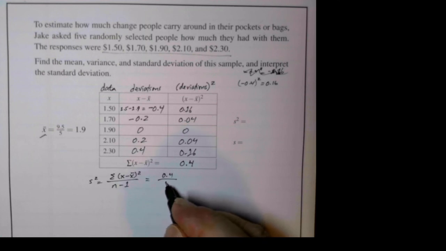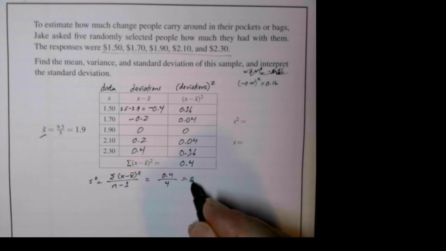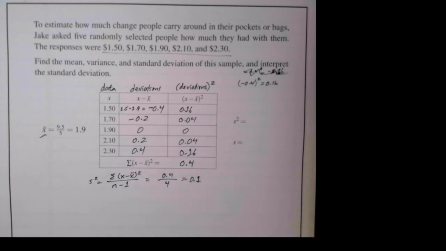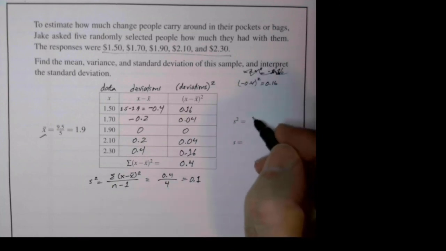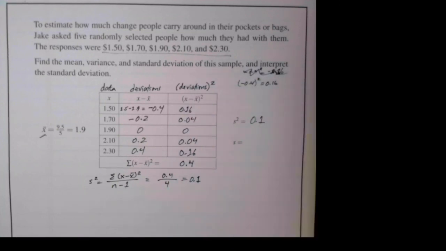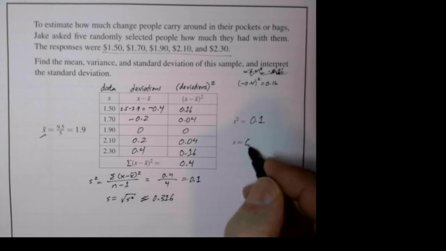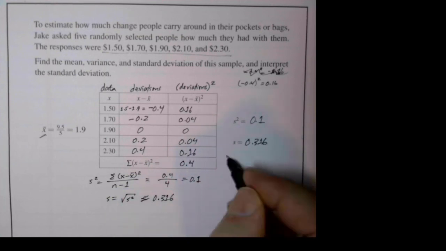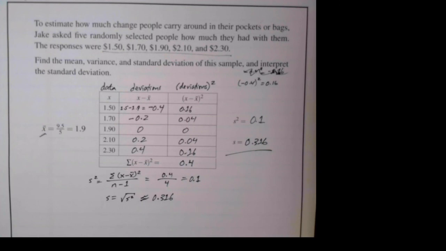So 5 minus 1 is 4. This is 0.4 over 4, which is 0.1, 1/10. So that is s squared, 0.1. And now to get s, the sample standard deviation, all I have to do is take the square root of s squared. And that turns out, well, that's an approximate thing. It turns out to be about 0.316, so that's what I'm going to put here. That's the sample standard deviation there.